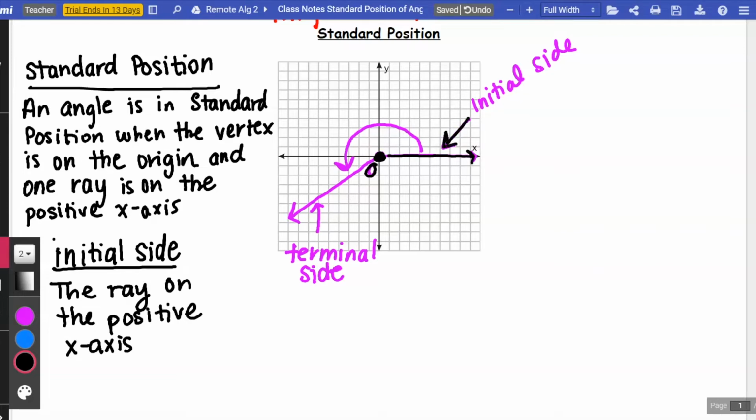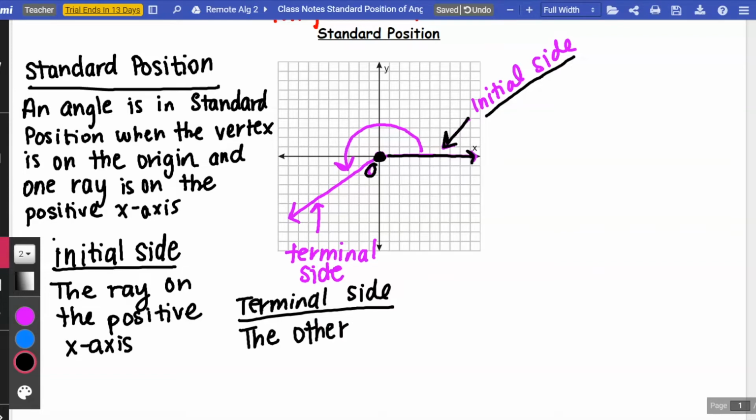This is our initial side. Then we have what we call the terminal side. That terminal side is the other ray that makes up the angle. The terminal side is the side that rotates around the point of origin, and wherever that side ends is what we call our terminal side.